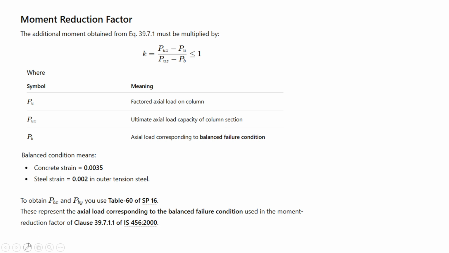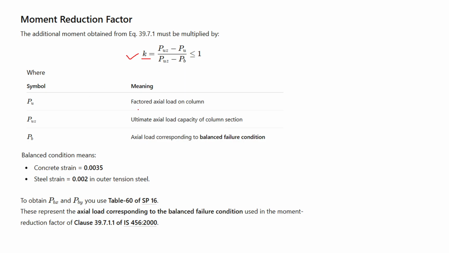Okay, this is a very important point you have to learn here. The moment reduction factor, that is the K. You have to multiply this K with the additional moment you have got. Okay, so K is given. You have to find K using the formula PUZ minus PU upon PUZ minus PB.